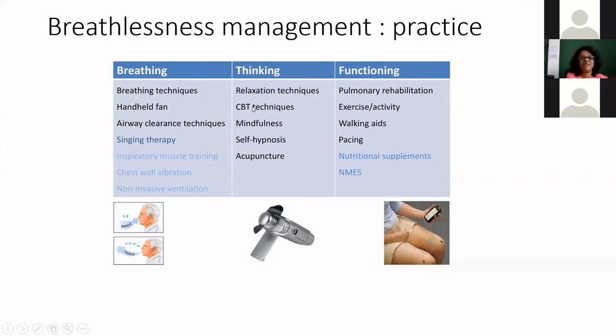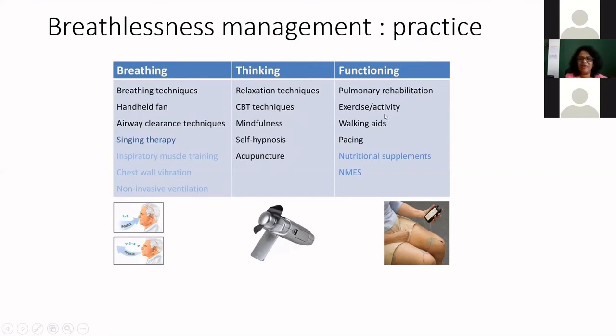If the patient does not have much difficulty in breathing, but the thinking part is more prominent, then we have to explain and train them in relaxation techniques, sometimes drugs like anxiolytics, and mindfulness.